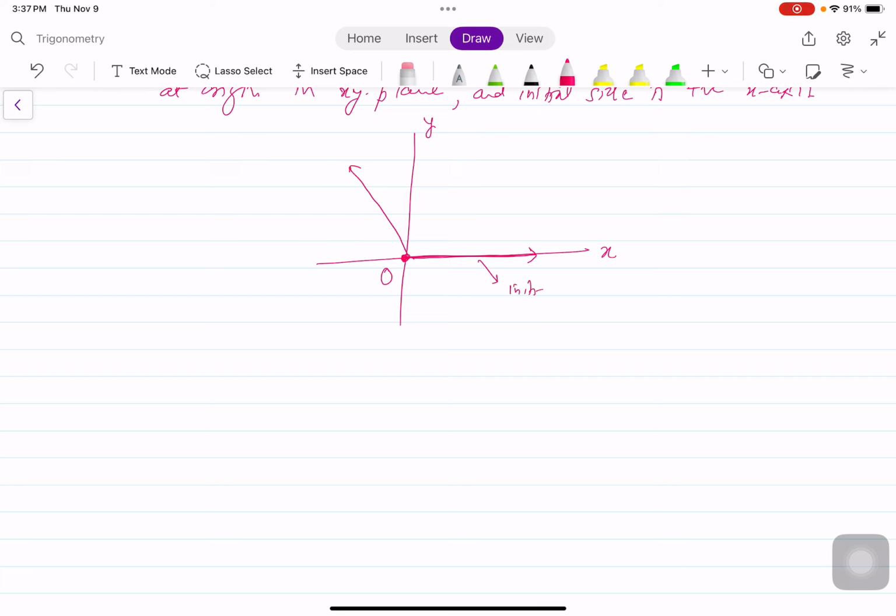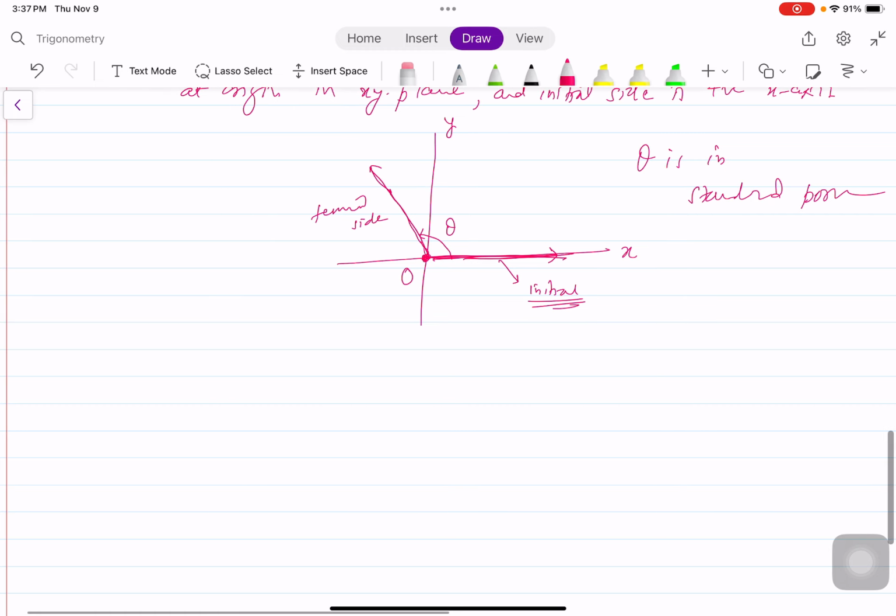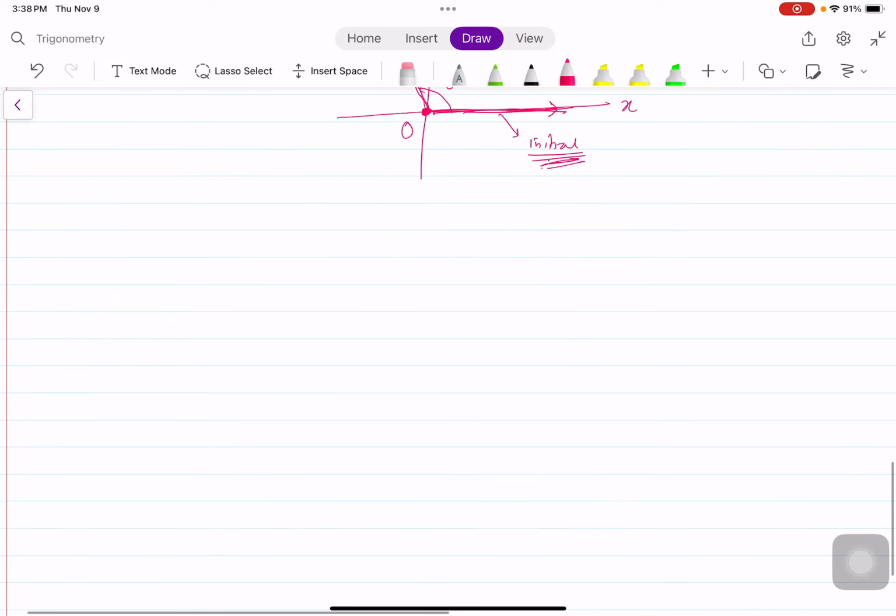This angle theta is in standard position. The positive x-axis is always the initial side, and the terminal side can be anywhere, but the initial side has to be the positive x-axis and the vertex has to be at the origin. Such a position of the angle is called standard position.